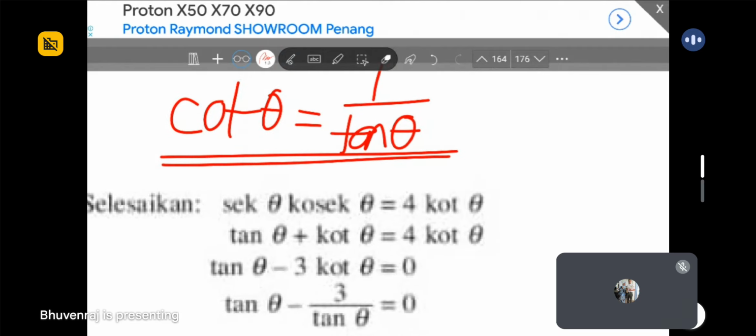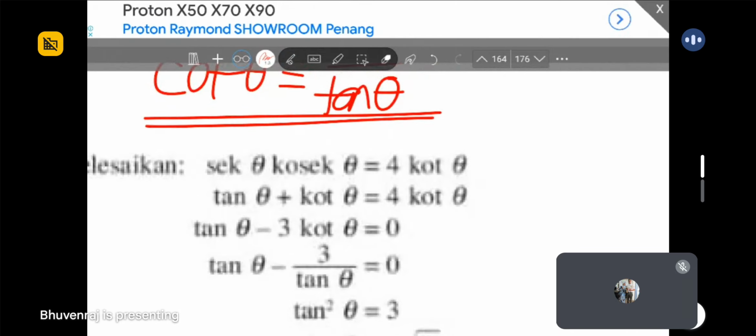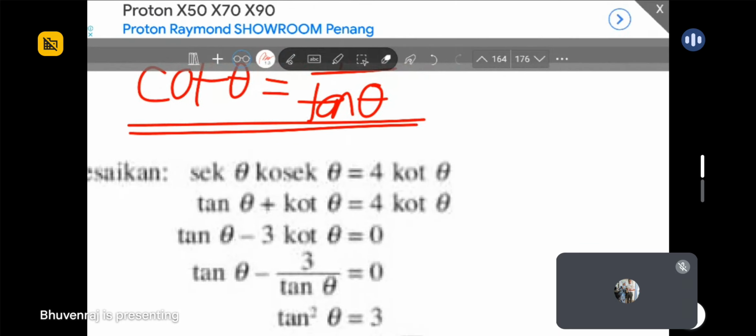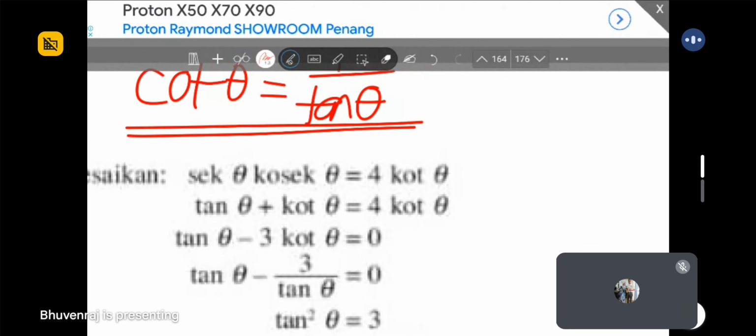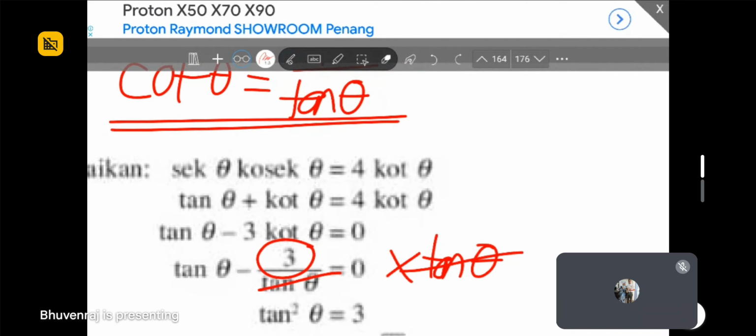Okay, so it's 3 over tangent theta, and then you multiply tangent theta to all of the terms. Okay, kali tangent theta kat semua. So tangent theta times tangent theta, tangent square theta. Okay, dan yang ni akan potong lah, you will cancel. So you get negative 3. Okay, so that's why pindah negative 3, you get positive 3.